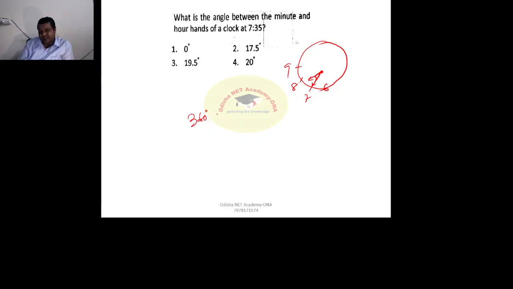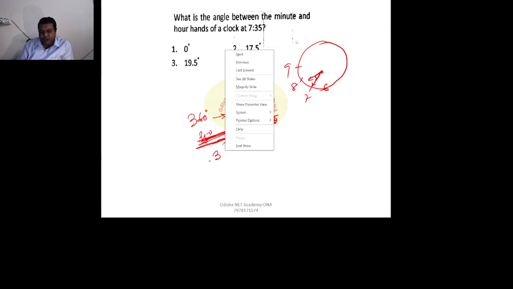For 360 degree it takes how much time? 12 hours. Make it in minutes, 60 minutes.